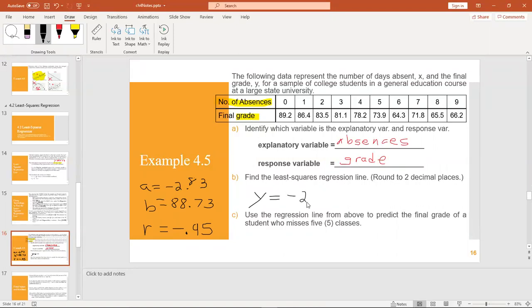Negative 2.83x plus 88.73. Boom. There you go. That is a very lovely equation of a line.